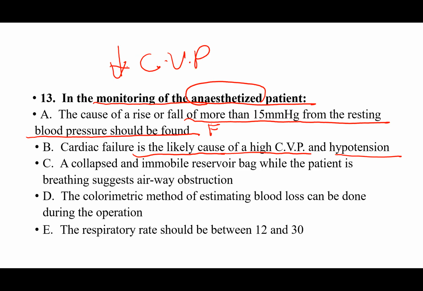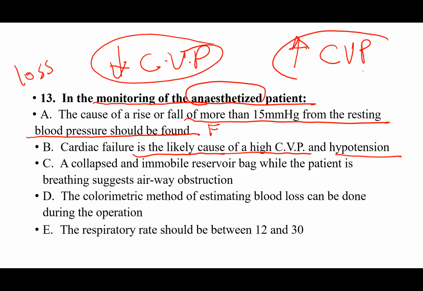Now, in a patient with low central venous pressure and hypotension, it means that patient is losing blood. In a patient with high central venous pressure and hypotension, it means the heart is not pumping. Do you understand? Is it clear?